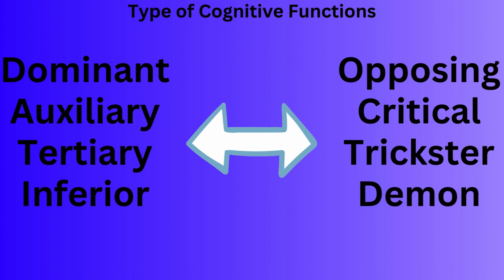Our inferior is kind of the lowest of the low, but it is still in our ego. It's still something we might subconsciously use, but we just prefer to hide. Whereas the demon is our least developed, and it's the one we can sometimes stop relating to. We might even demonize other types that use that one as their main function.